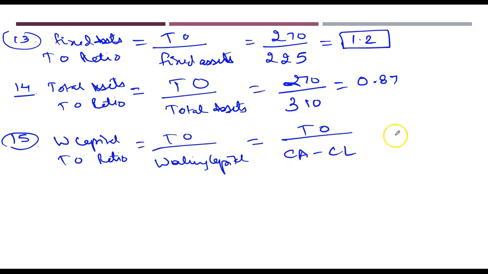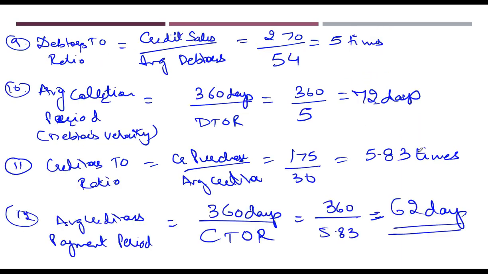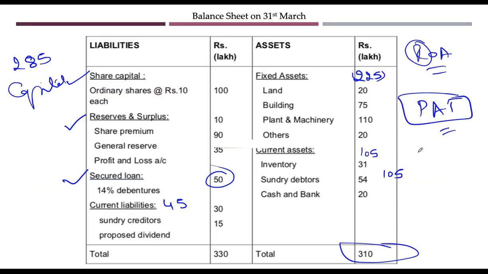So turnover is 270. What is the current asset? We have just seen 105. What is the current liability? If you remember, it is 30 plus 15, that is 45.